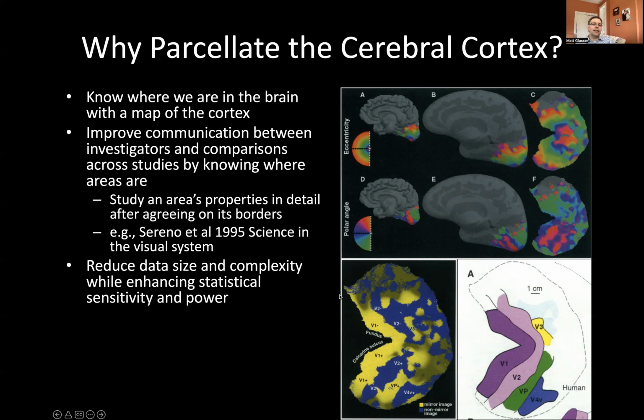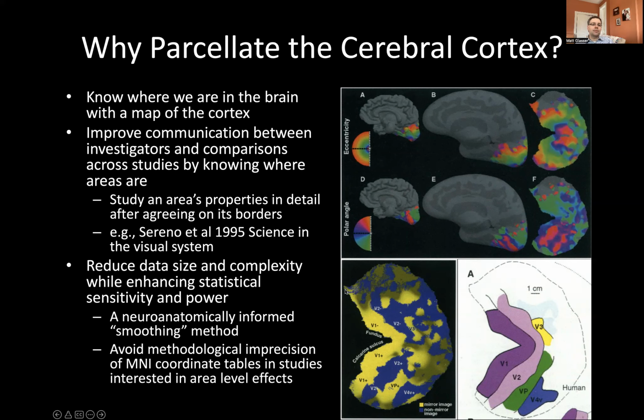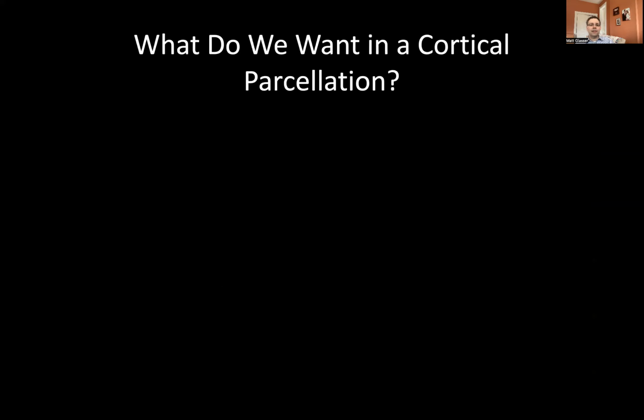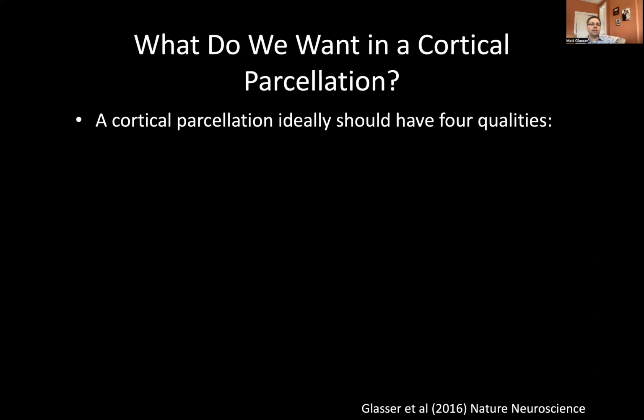Parcellation reduces data size and complexity while enhancing statistical sensitivity and power. You can think of it as a neuroanatomically informed smoothing method, and it avoids many of the methodological imprecisions that have been endemic in brain imaging, such as MNI coordinate tables, for studies that are interested in area-level effects.